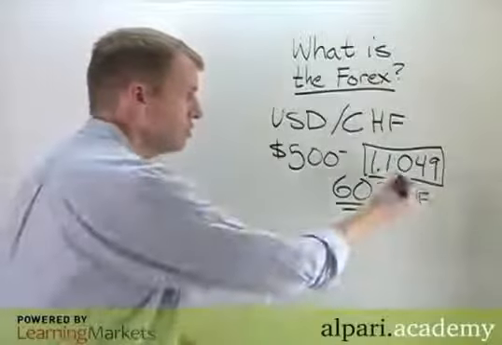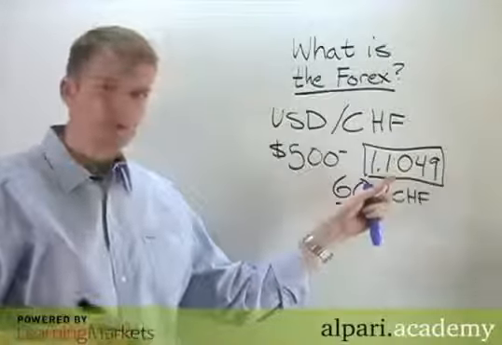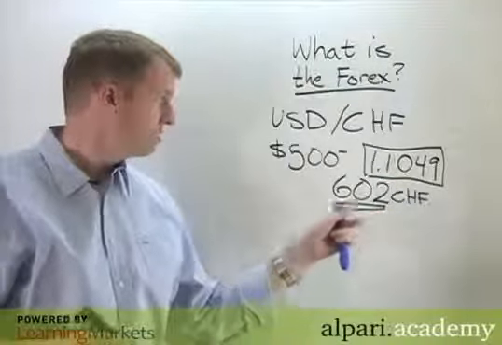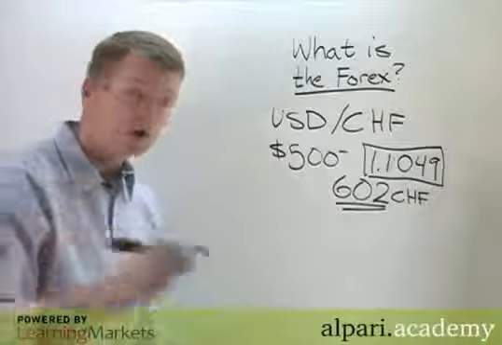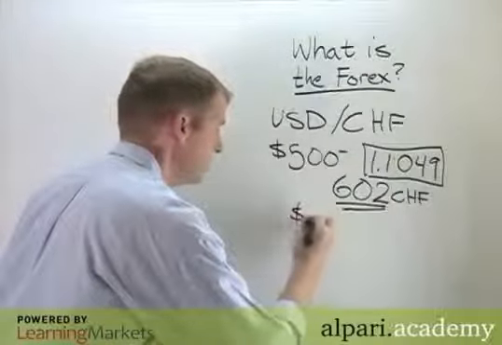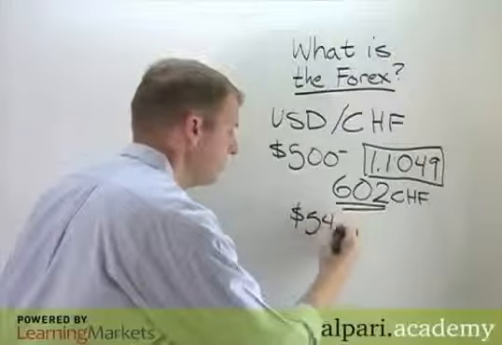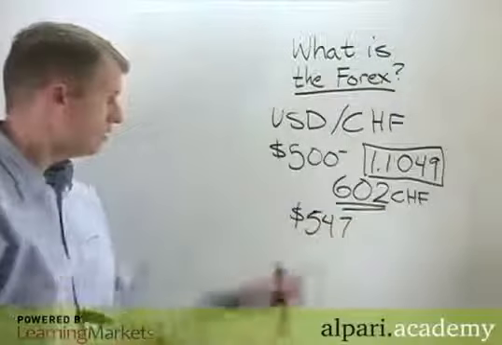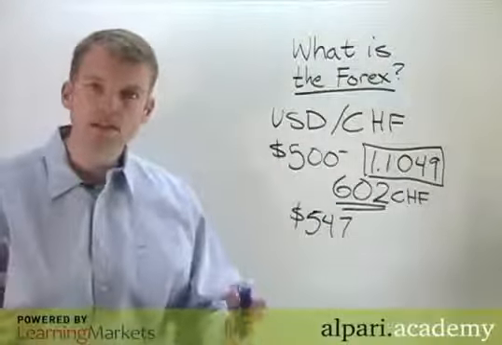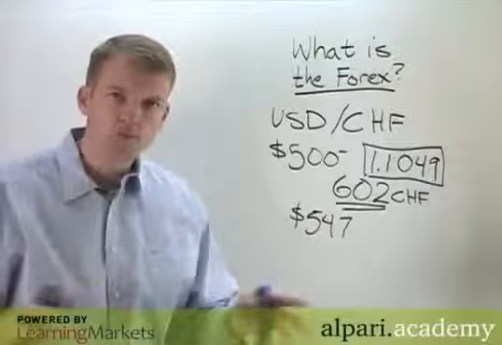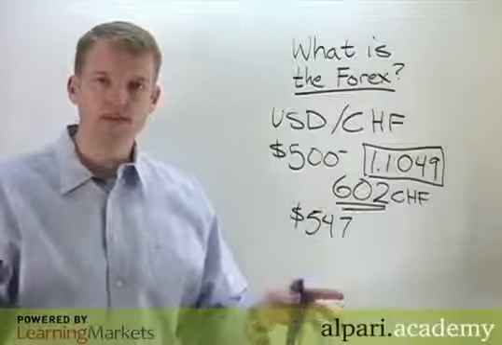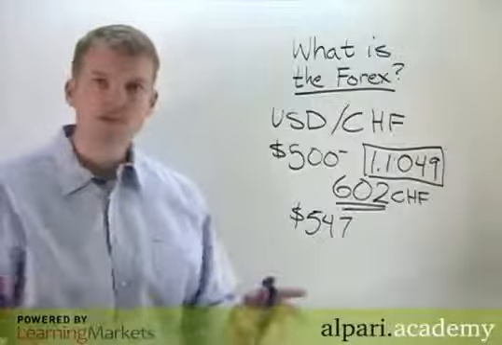So if we were to convert this over this time around and convert our 602 francs back into dollars, we're going to walk away at the end of the summer with $547. Now, what just happened here? Essentially, we held francs. We owned francs during our vacation. Well, that's largely what a currency trader is doing.